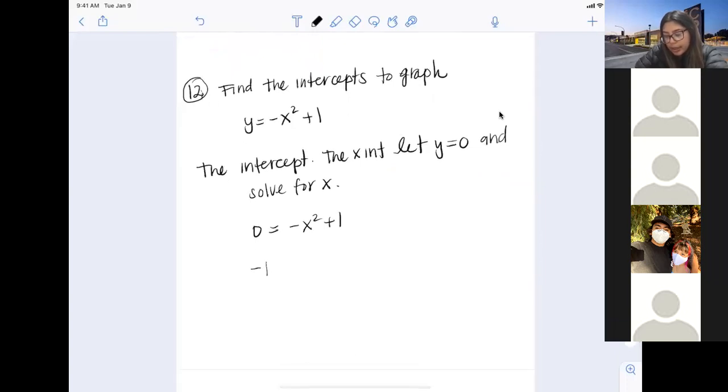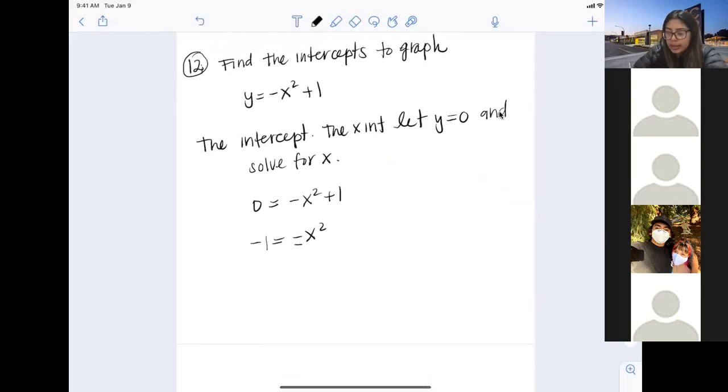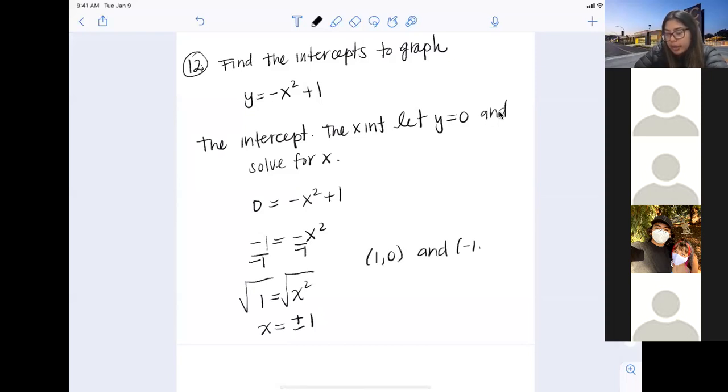Bring the 1 over, negative 1 equals negative x squared. Divide both sides by negative 1. You get 1 equals x squared. You take the square root of both sides. You get x is equal to plus or minus 1. You have two x-intercepts: (1, 0) and (-1, 0). Those are your x-intercepts.